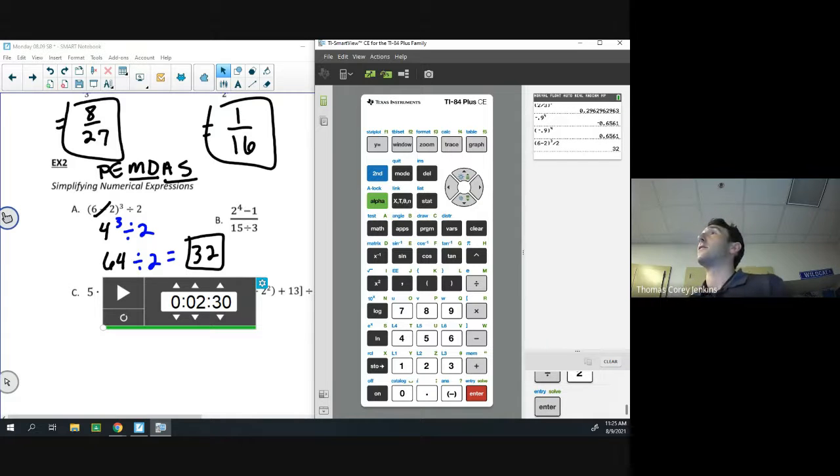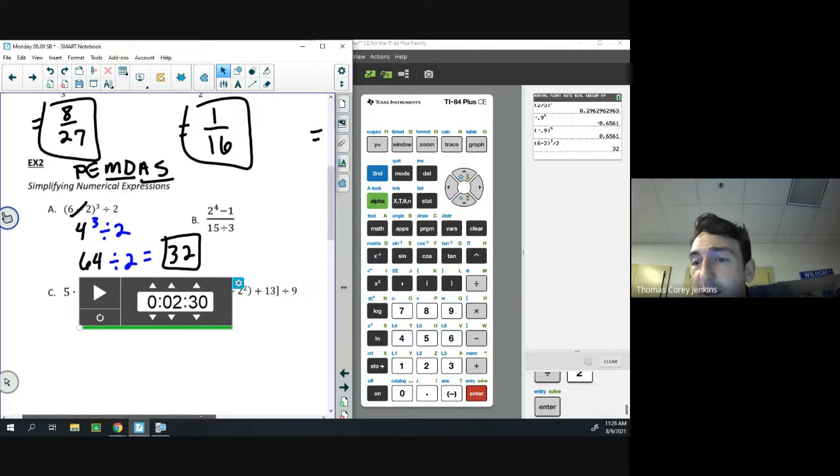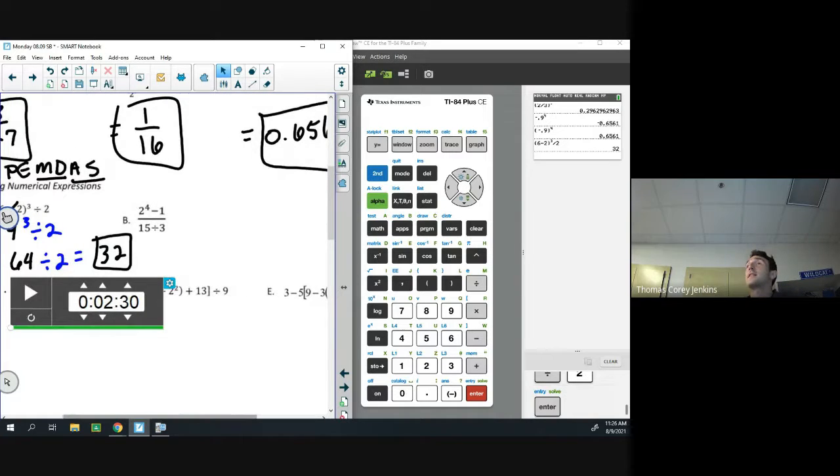So you get 32, right? So you can see if you punch it in correctly, your calculator will actually do order of operations for you. All right. But again, it's good to know how to do it both ways. Good to practice that, right? Because you get to one like B and maybe it's a little bit tougher to type in. Okay. But we're going to practice.